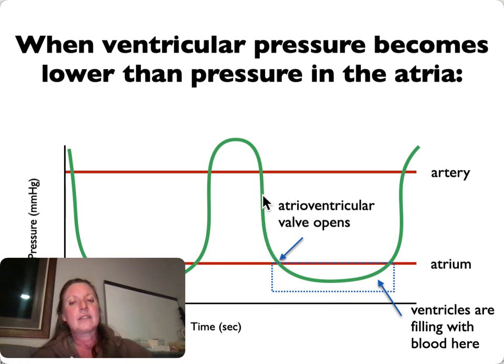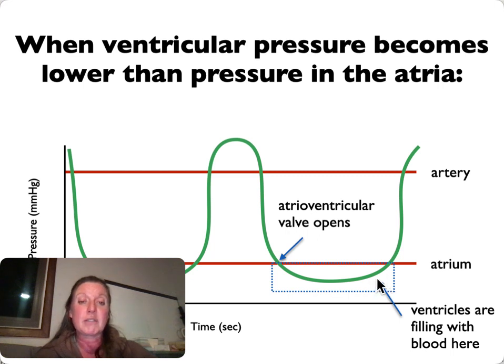As soon as the ventricle relaxes enough that the pressure drops below the pressure in the atrium, now the blood can flow from the atrium to the ventricle, which is allowed. The atrioventricular valve opens, and the entire time that the ventricular pressure is down here, blood is flowing into the ventricles.